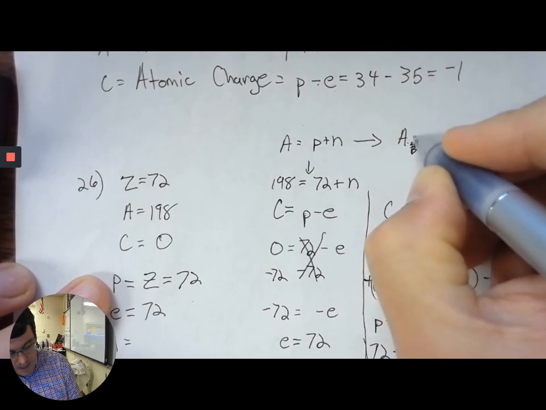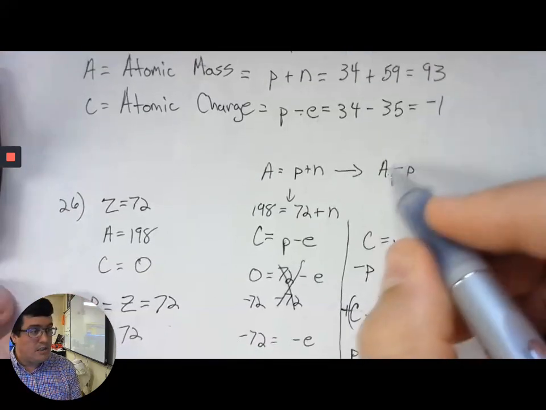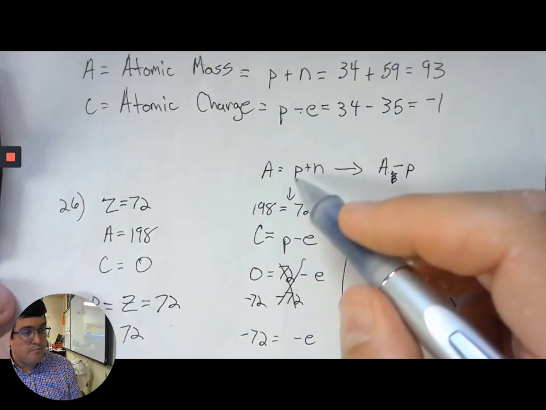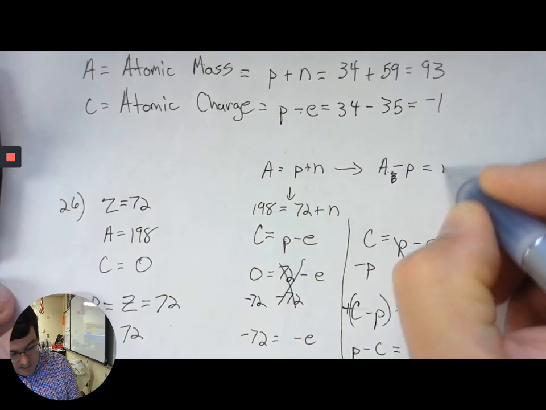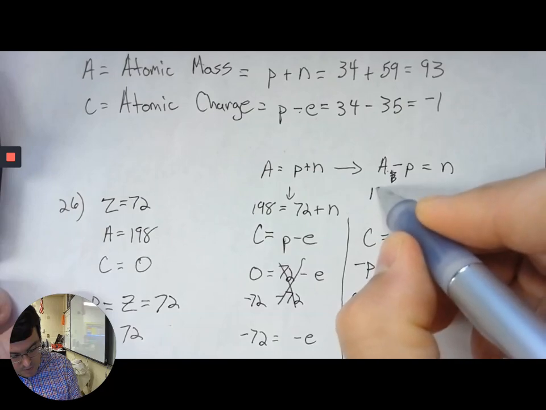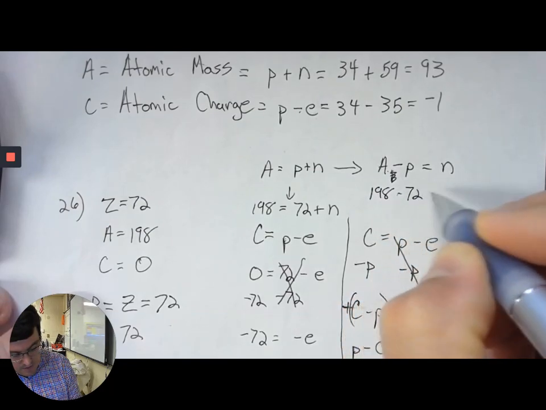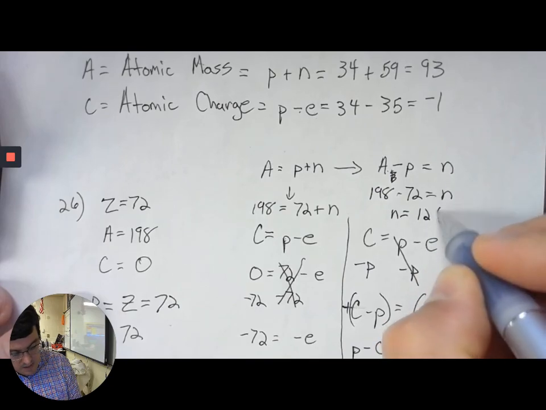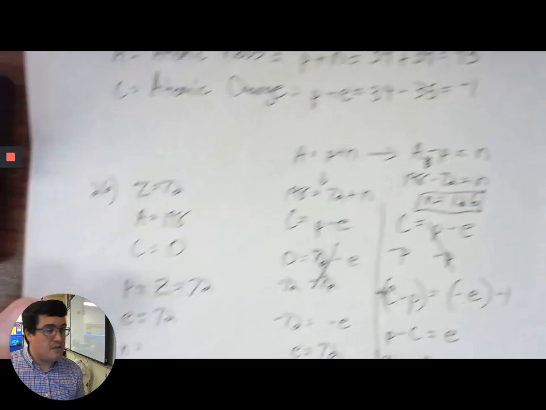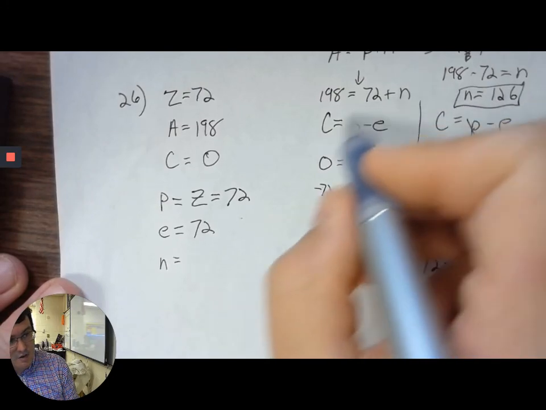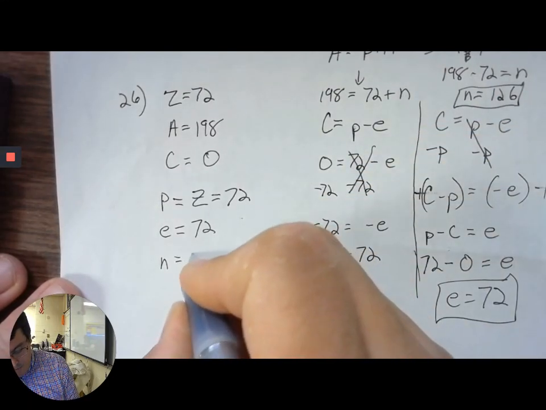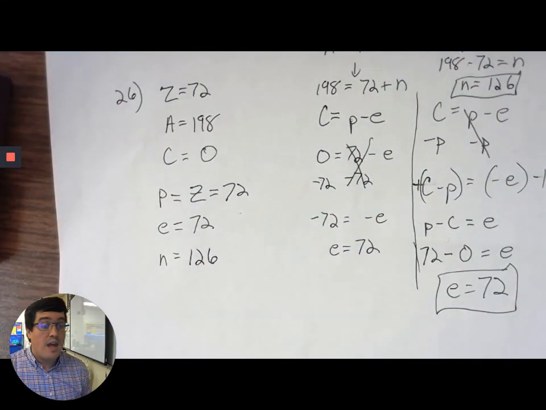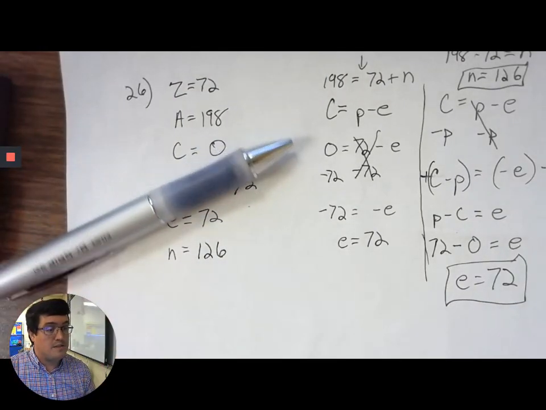Oops, sorry about that. That's supposed to be a minus P right there. A minus P on the left gets rid of the P on the right. Equals N. So A minus P is 198 minus 72 equals N. N equals 126. There's that answer right there. We're going to plug it back in right down here, 126. And that's how you do both types of PENZAC problems.